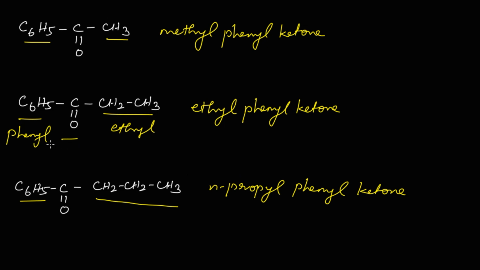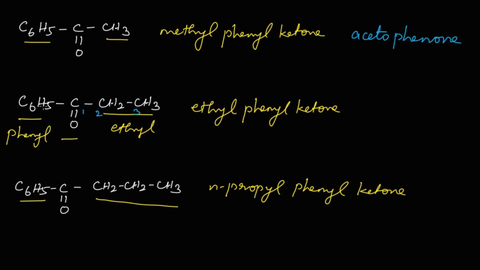Come on, let's give the IUPAC name for these compounds now. Here the CH3 is named as aceto and this is named as phenone. So the IUPAC name of methyl phenyl ketone is acetophenone. The second one, that is ethyl phenyl ketone. Count the carbon atoms: 1, 2, 3. 3 carbons are there.